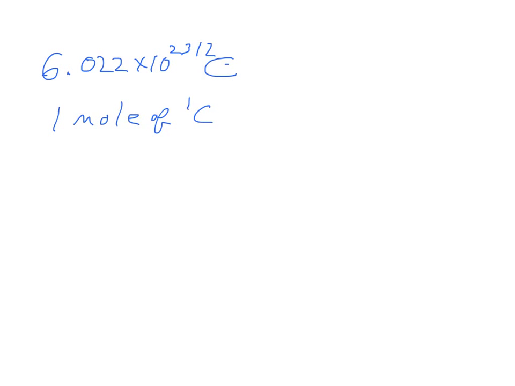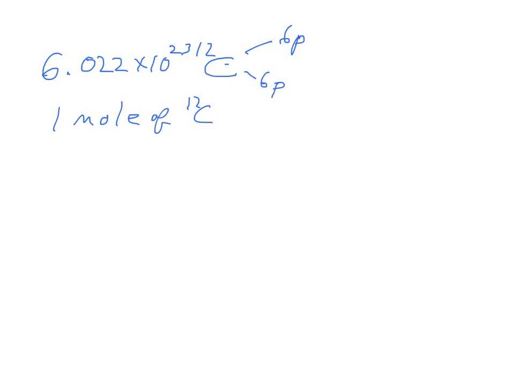This is where it gets us. If I have 6.022 times 10 to the 23rd carbon-12 atoms, or if I have 1 mole, is another way to put it, of carbon-12 atoms, then I have 6 protons and 6 neutrons.